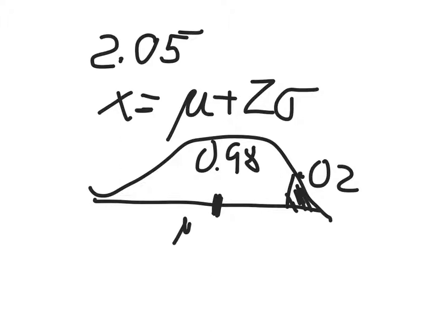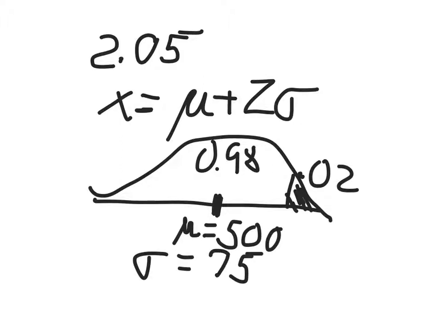All right, so what's your mu value? So if mu is equal to 500, and sigma is equal to 75, and z is equal to 2.05.